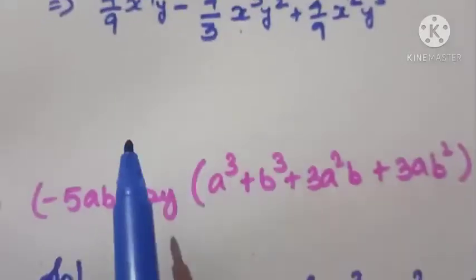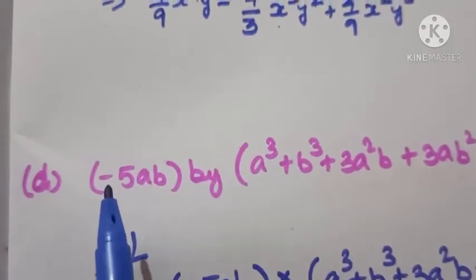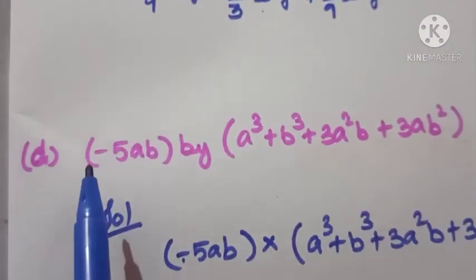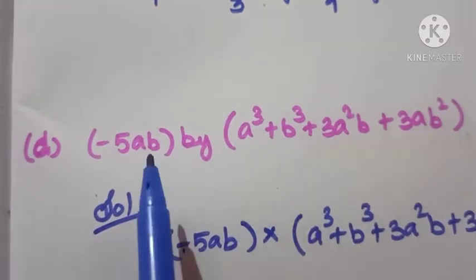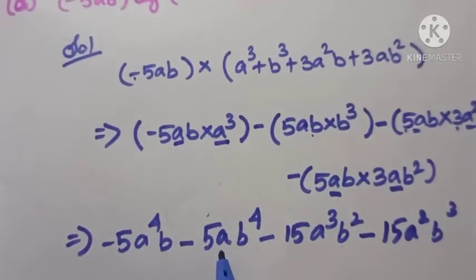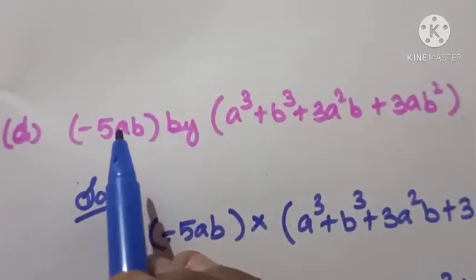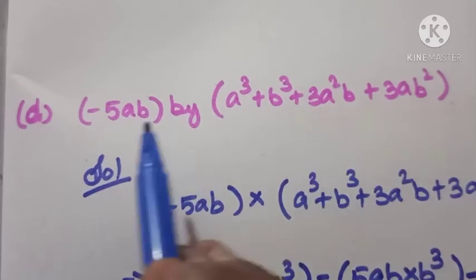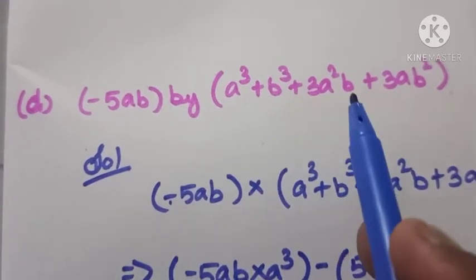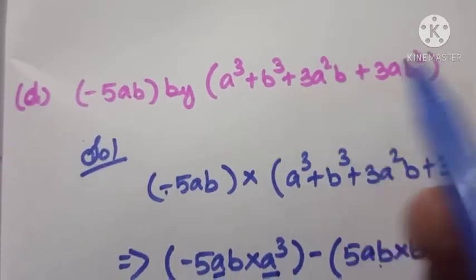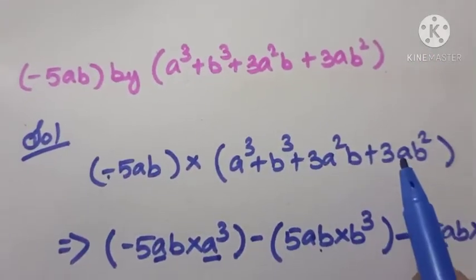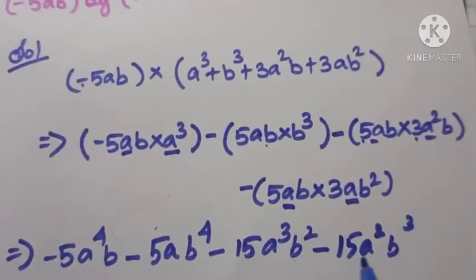So simply you can check: minus 5 a to the power 4 b, and next plus into minus is minus, here b cube only, a b to the power 4. Okay, so now 5 3s are 15, that is minus 15, a cube b square, a square b cube.